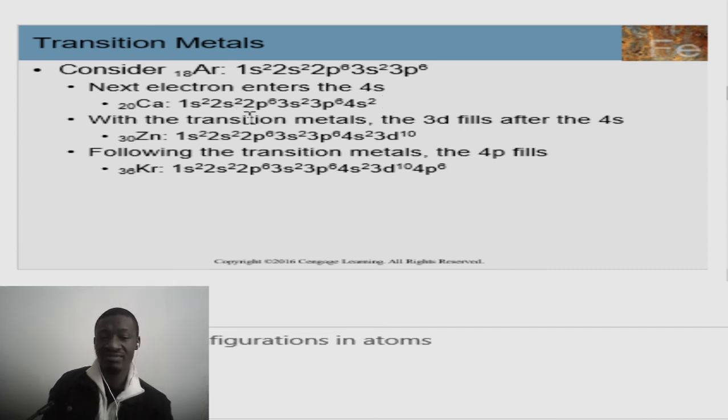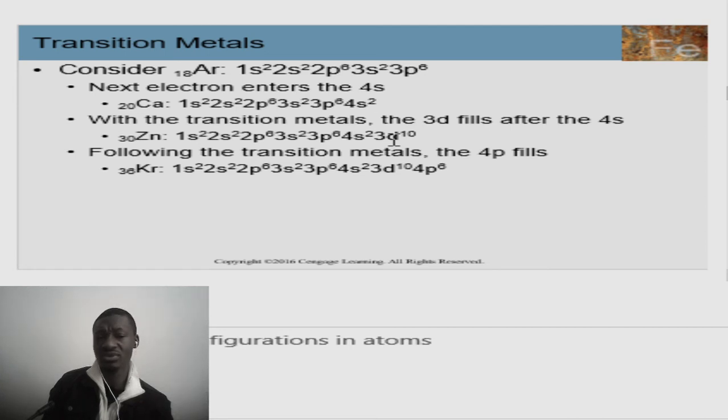So you have zinc, that's a transition metal. Notice that its d block is full. That's for zinc, because it's 30. Then you have transition metals that also have a filled p.